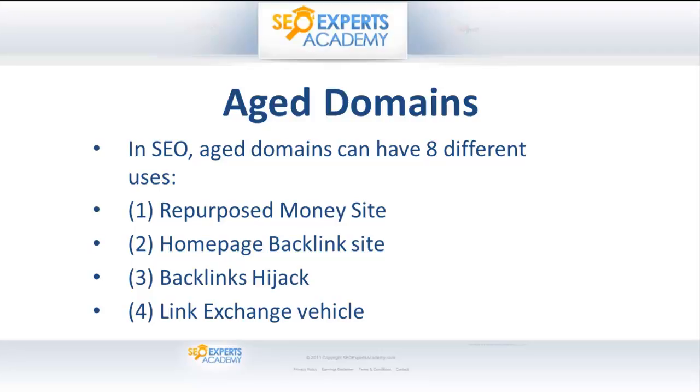So for example, if you bought a PageRank 4 Age domain and then were able to get 10 link partners who were able to give you a link on their PageRank 4 homepages or pages in exchange for a link on your one PageRank 4 domain, you've now effectively multiplied the value of that one domain by 10. Then you didn't need to buy 10 more Age domains to get 10 more PageRank 4 page links.